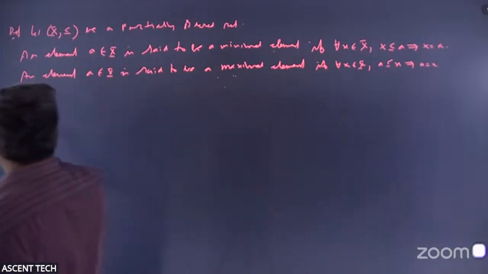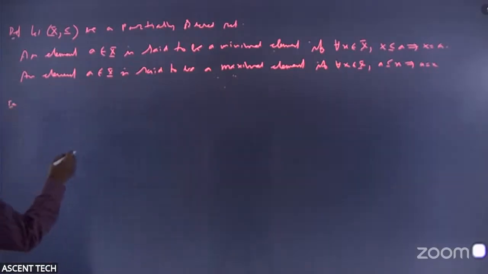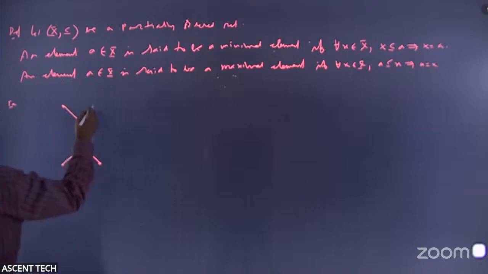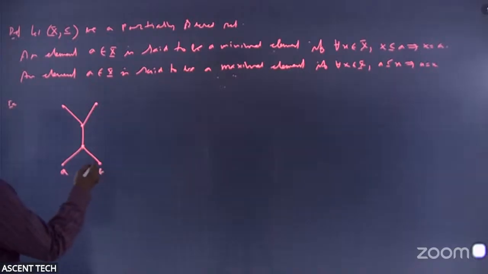So here is a clear example. So this example is good. I'm not going to explain the whole inequality. Going up is strict inequality. So going up is the inequality.